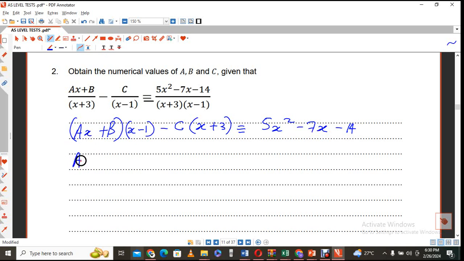This is going to be ax squared minus ax plus bx minus b minus cx minus 3c. Well, that will be identical to 5x squared minus 7x minus 14.